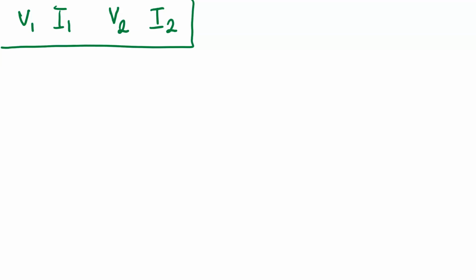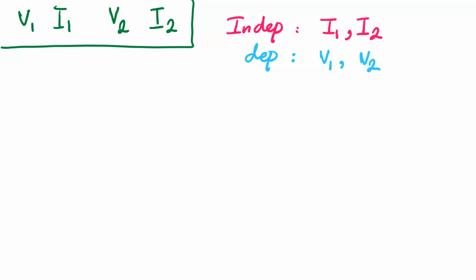Okay, so I'm going to write those variables one more time here. So we have V1, I1, V2, and I2. So these are our 4 terminal variables. Now, I can choose the currents to be my independent variables. So the first way is that I can choose my independent variables to be I1 and I2, and then my dependent variables would be V1 and V2.